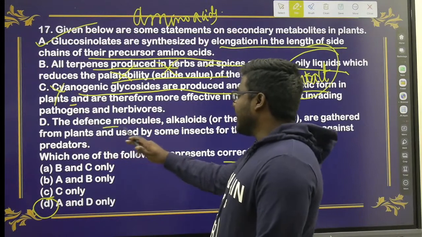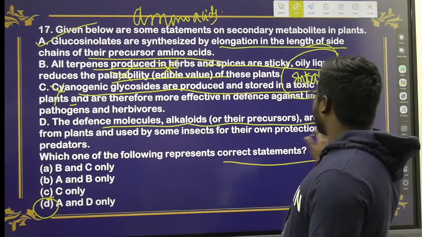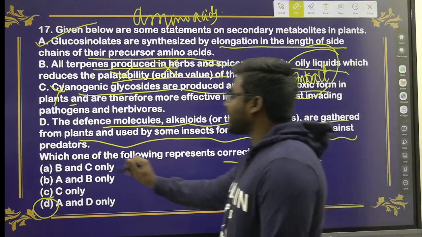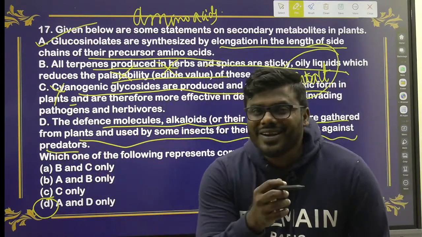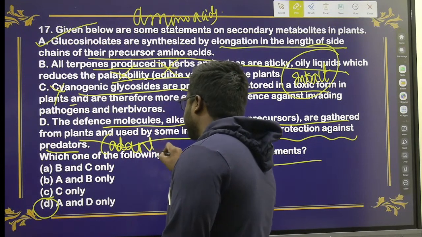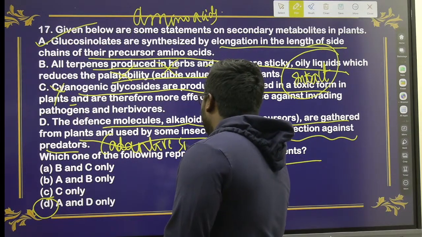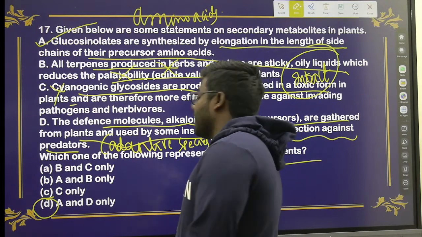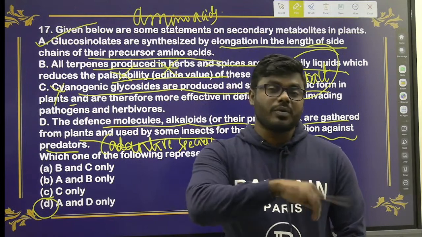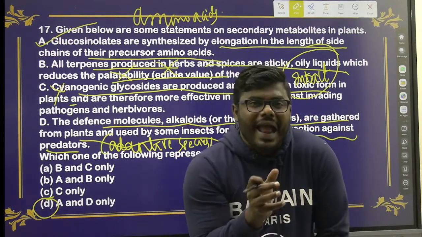Option D: the defense molecule alkaloid or their precursor are gathered from plants and used by some insects for their own protection against the predator. That kind of species, what do we call it? We call them adaptive species, which are completely dependent on them. So they can eat them easily and use those secondary metabolites for their defense, because they are adapted.